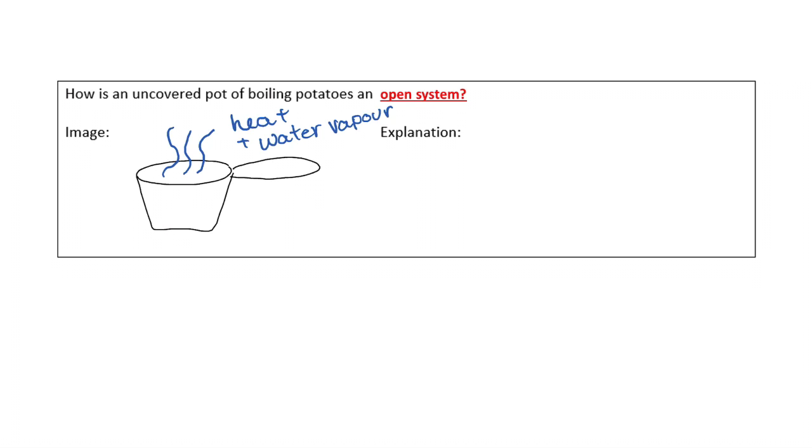Water vapor is leaving the system and will condense on things nearby in the surroundings, but not within the pot. So the explanation is that energy and matter are leaving the system.